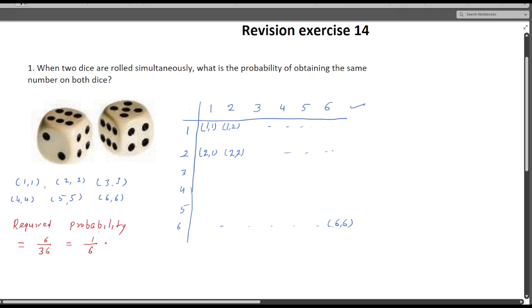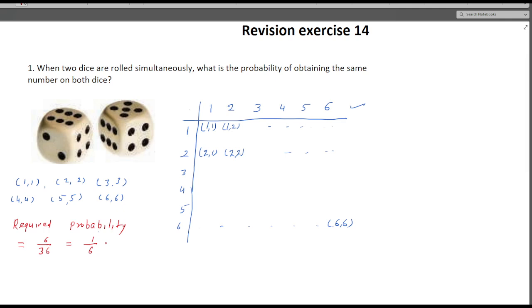So when two dice are rolled simultaneously, the probability of obtaining same number on both the dice is 1 divided by 6. Okay, what are the possible outcomes? Here 2 by 2 table you can make.